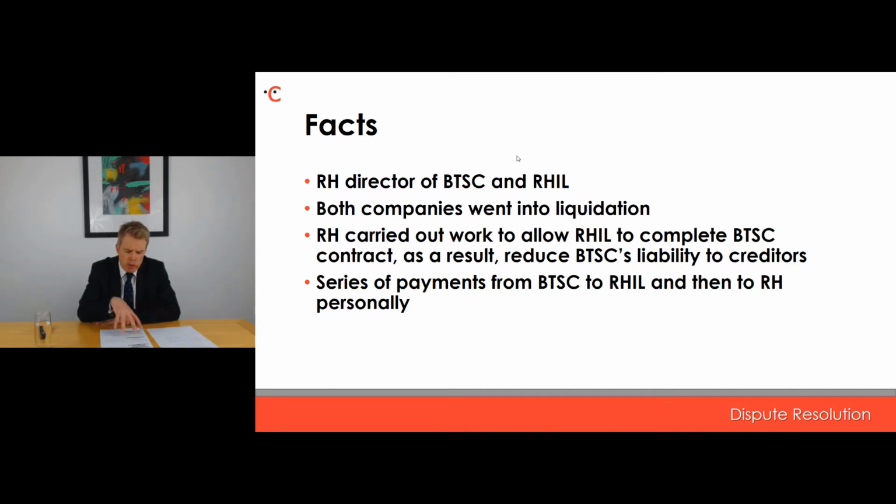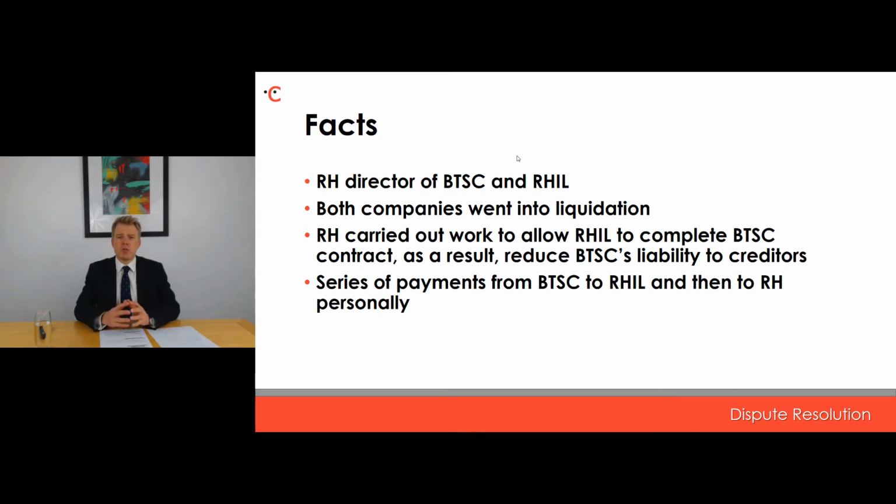And around about the time of the company getting into trouble and following the liquidation, Mr. Hunt did some work to renovate premises to allow one of the companies to continue running its plumbing training courses, which ultimately was to the benefit of the company, reduced the value of the claims, and reduced its liability to creditors.